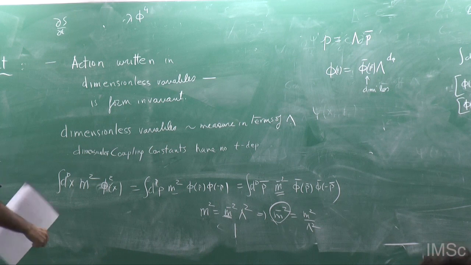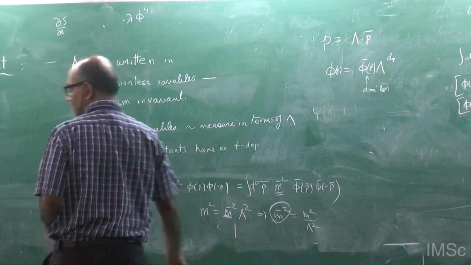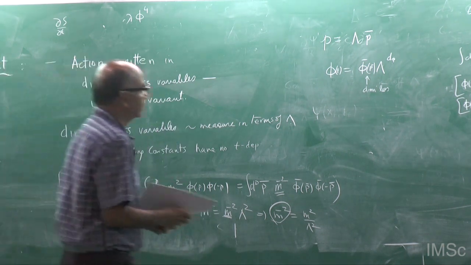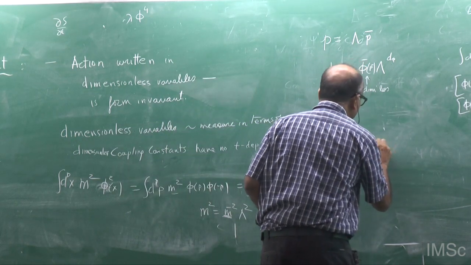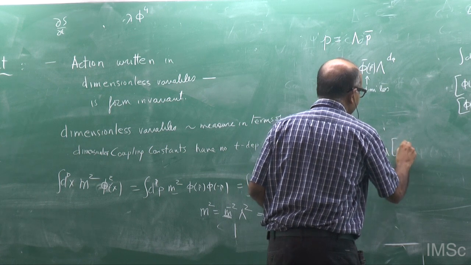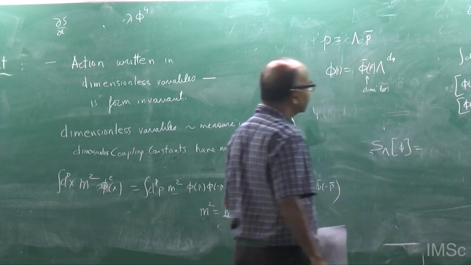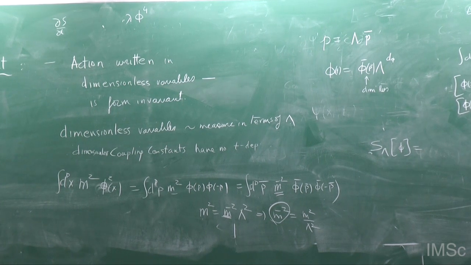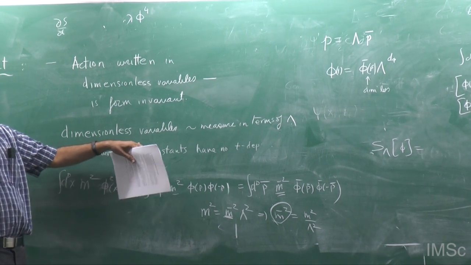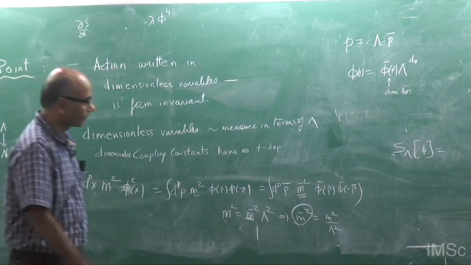Okay, so now what about the other couplings? So the general action we can write in this way. So what I'm going to do now is to modify the RG equation to write it in terms of dimensionless fields. We'll just modify it a bit.